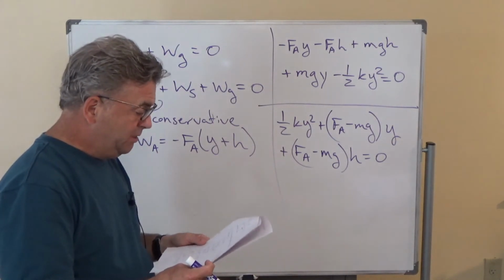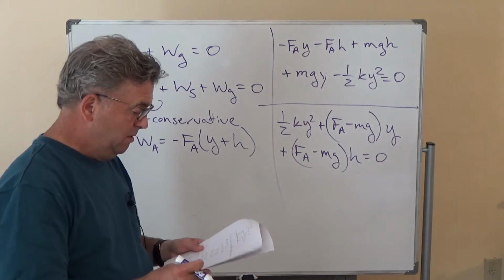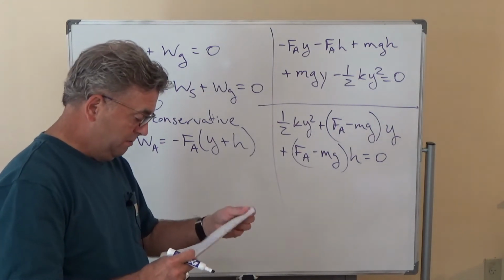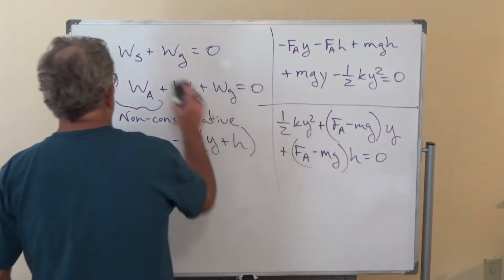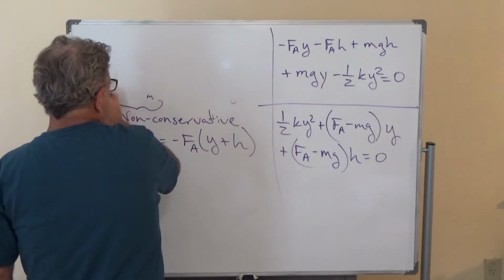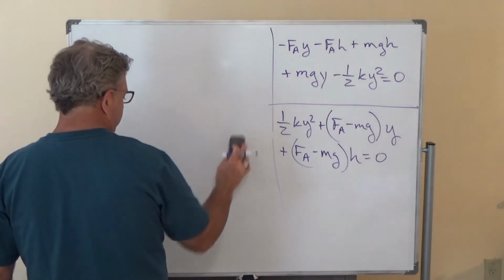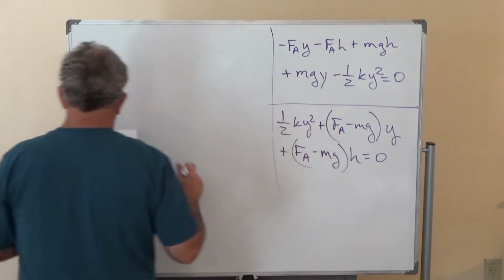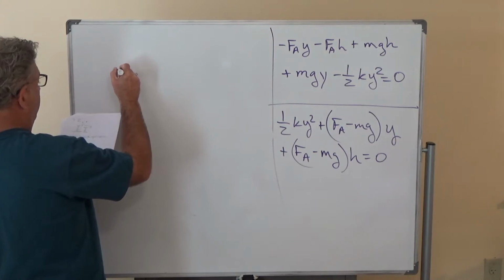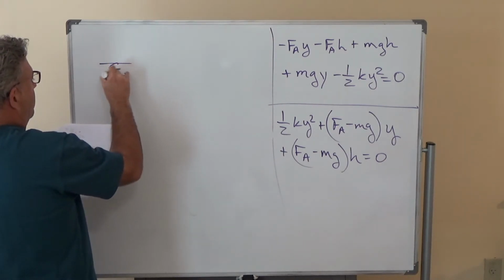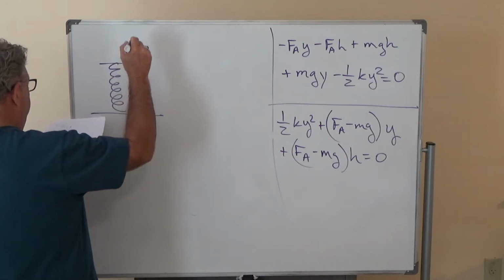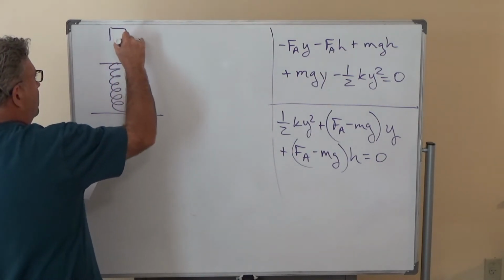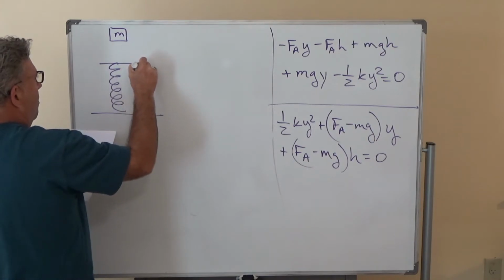And I called H the height from which the object fell. You can set it up a couple of different ways, but my picture is like this. The spring starts out, and this mass is up here, about to fall.